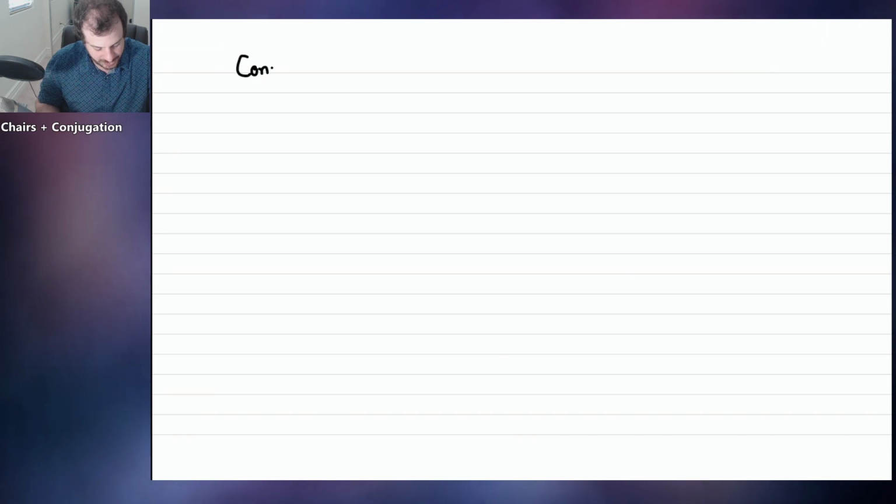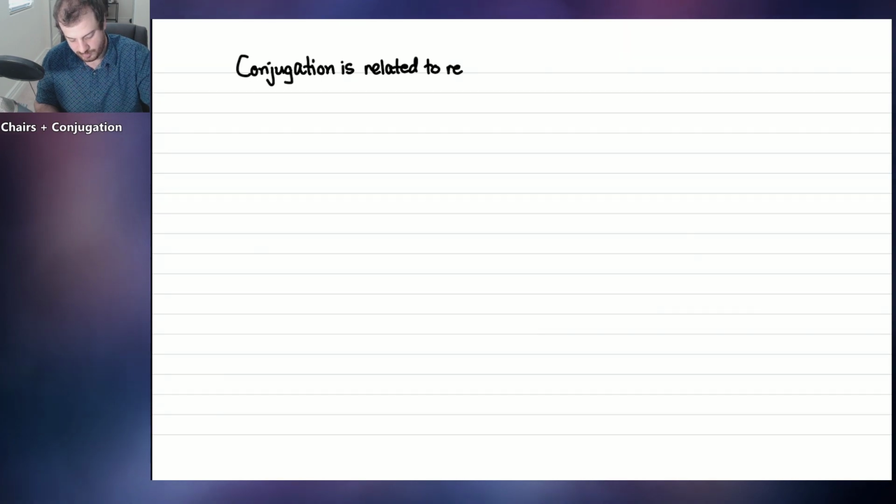So what you'll notice here is that conjugation is related to resonance. Conjugation is related to resonance because it's electron delocalization.